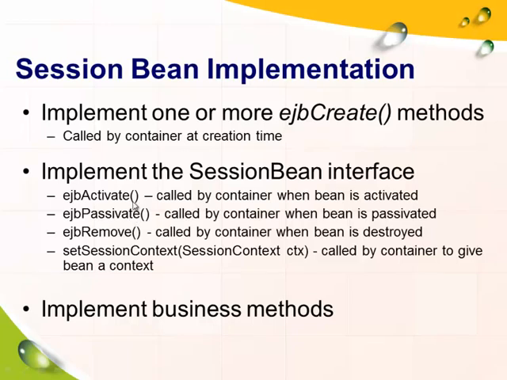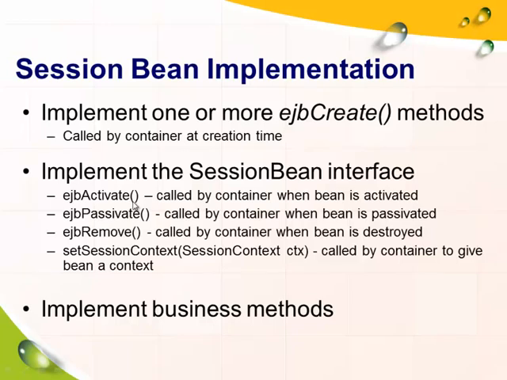So these two, passivate and activate, are callback methods. What is the meaning of saying callback method? These are the methods that are directly called by the server, and you are supposed to provide these methods. So before your bean is passivated, it's going to call that method.